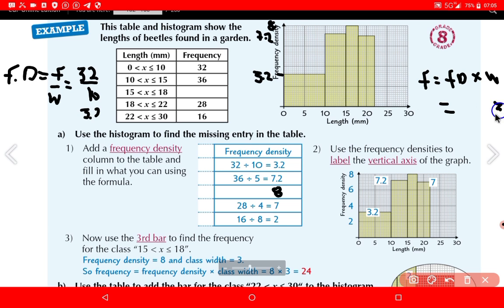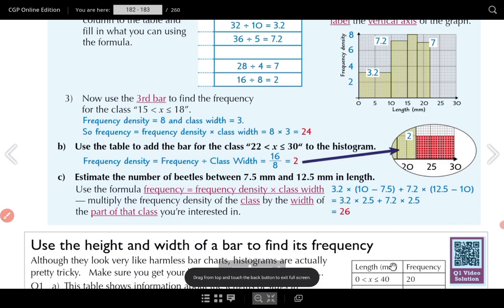The frequency density is just the height for this thing, which is 8, and this will give us 24. So the frequency here is actually 24. So that is about this histogram. That's what you need to know.